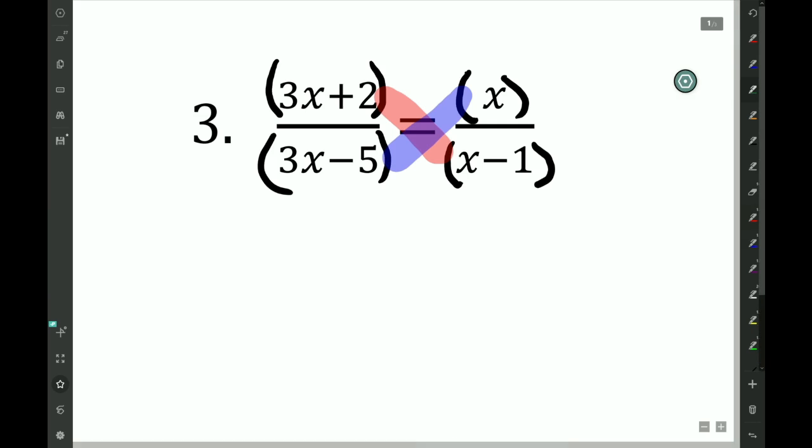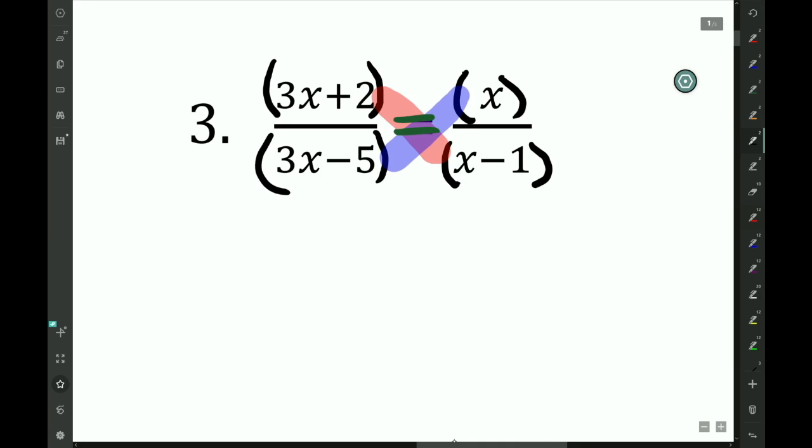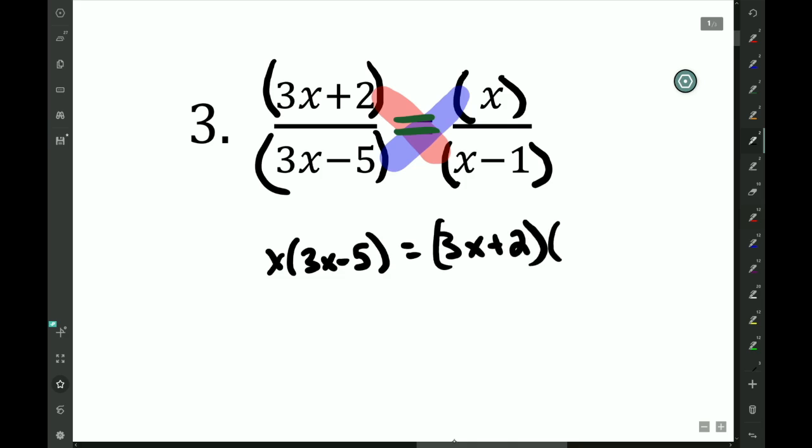And equal to, again, that's why we can cross multiply, and we can go ahead and distribute. So I would recommend writing the step down. So it's going to be x times 3x minus 5. It does not matter which side you write everything on, if you write the one cross to the left or the other cross to the right.